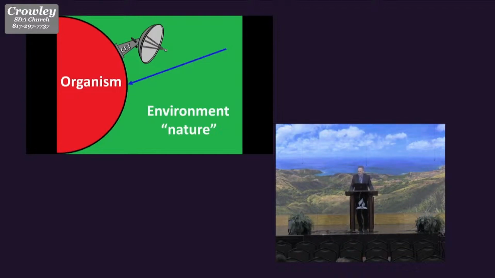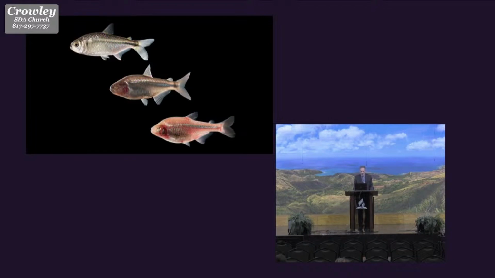The Institute for Creation Research right now is doing some research on blind cavefish. If you've ever had a chance to learn anything about this, this is one of the arguments that evolutionists use to say, see, over vast periods of time, these fish find themselves in a cave where it's all dark, and they lose their ability to have eyes, and their pigment starts to change to adapt to this cave environment.